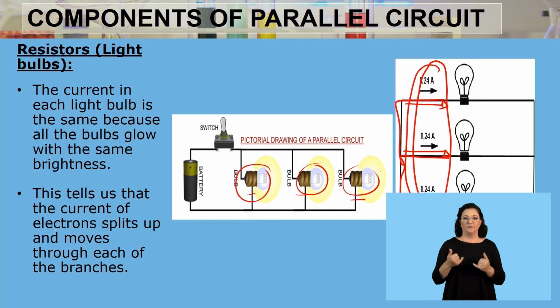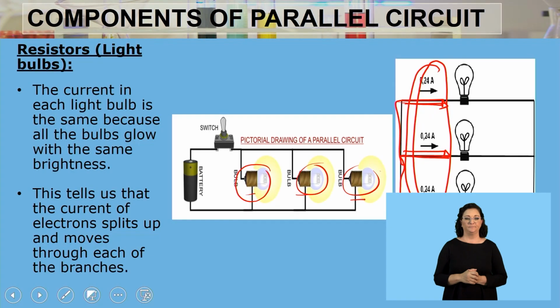The current that we start with should be the current that we end up with once the current has circulated in the entire electric circuit. So this tells us that the current of the electrons splits up and moves through each branch. However, when we add all of those currents that have split, they still need to add up to the 0.72 amperes.